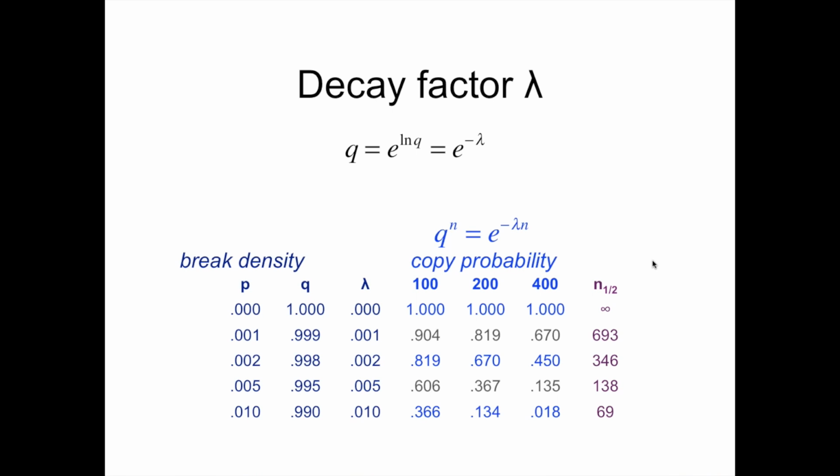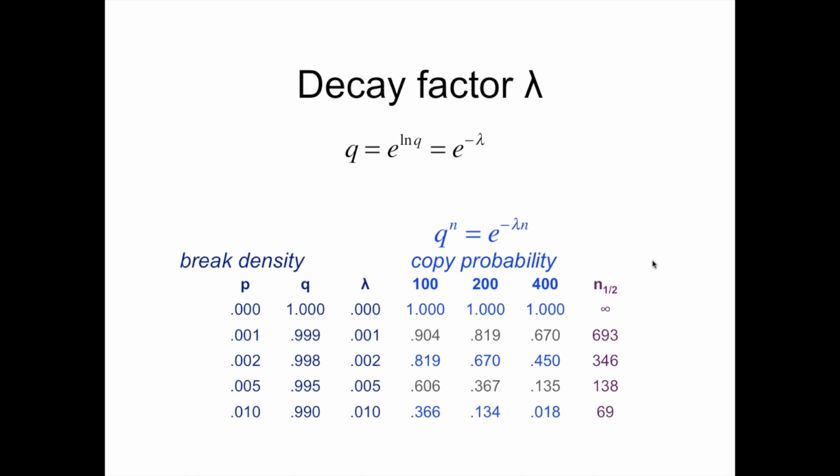So when the decay factor is 1 in 1,000, 0.001, then we see in gray that as the DNA length increases from n equals 100 to 200 to 400, the copying probability reduces from 0.904 to 0.189 and to 0.670 respectively. And at that level of 1 in 1,000, the half length is 693 base pairs.